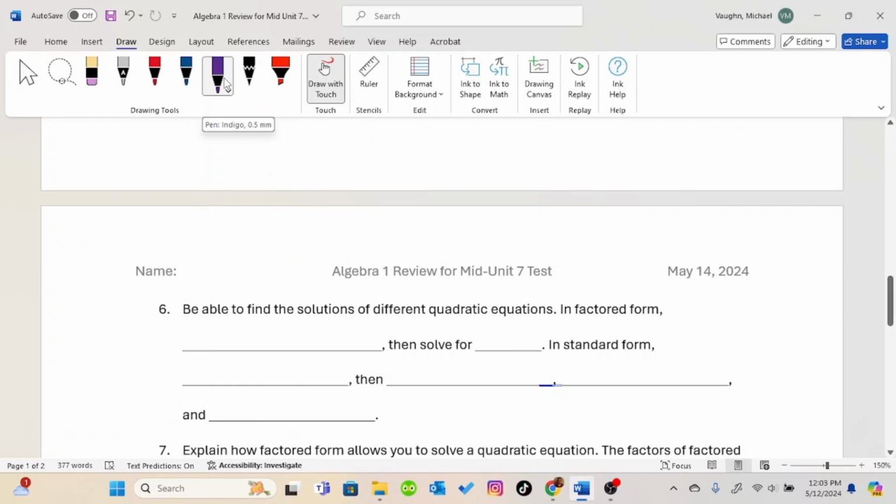Concept number 6. Be able to find the solutions of different quadratic equations. In factored form, set each factor equal to 0, then solve for x.